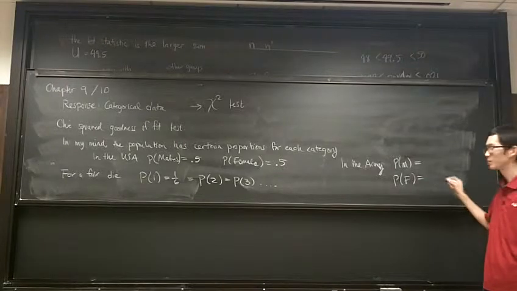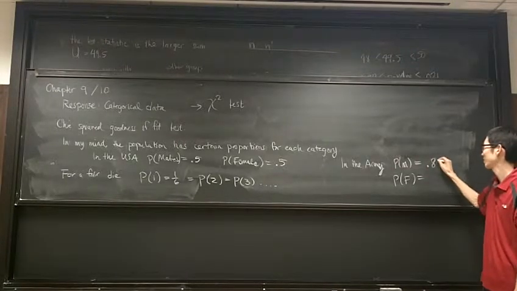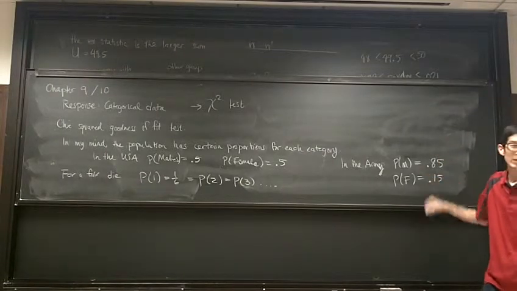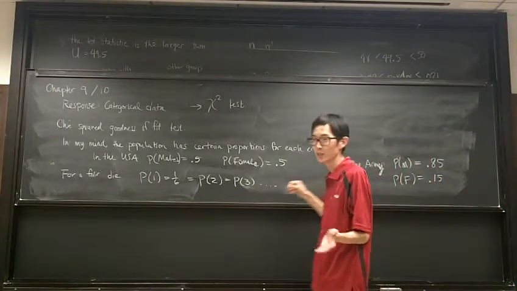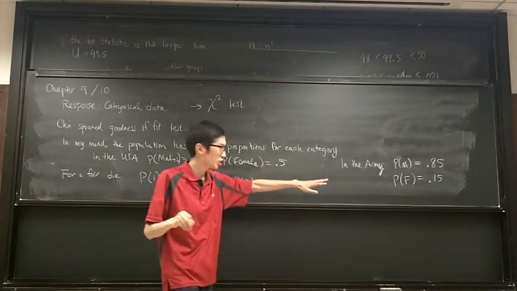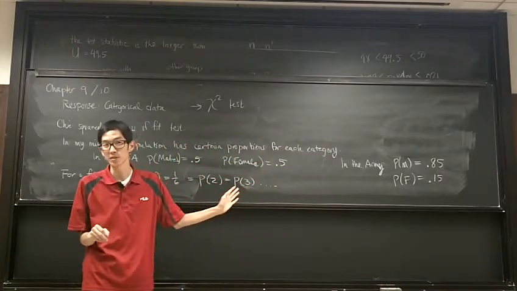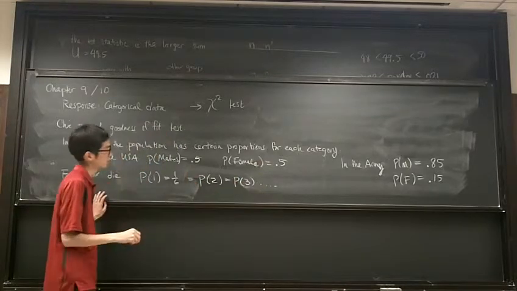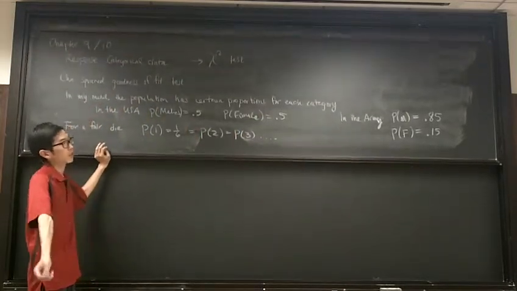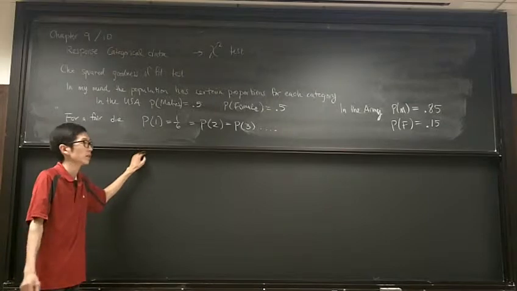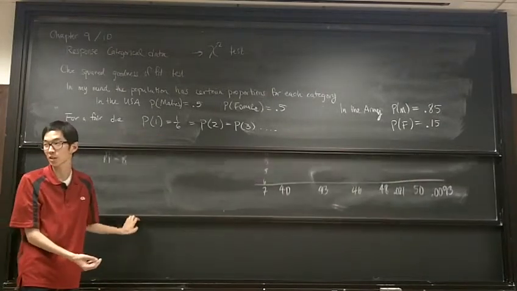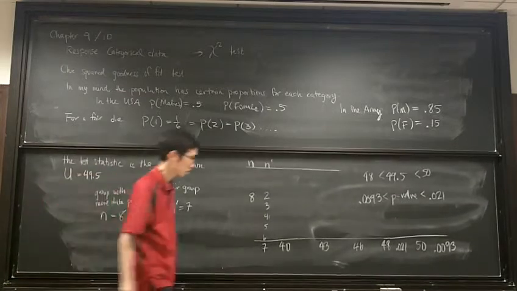I have no idea, maybe it's lower than that. Anyway, I just have some numbers in my mind for the proportion of each category. What the goodness of fit test does is you go out and collect data, and you want to see if that data fits the proportions that you had in mind.